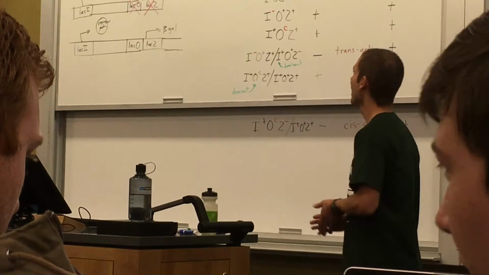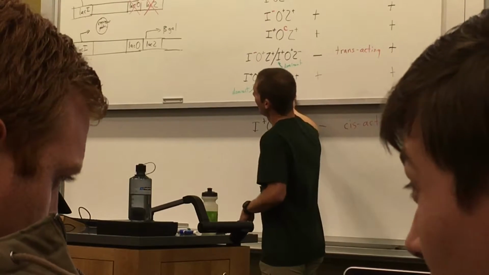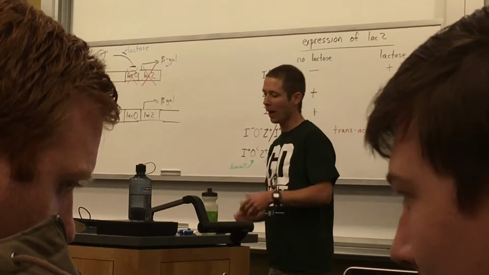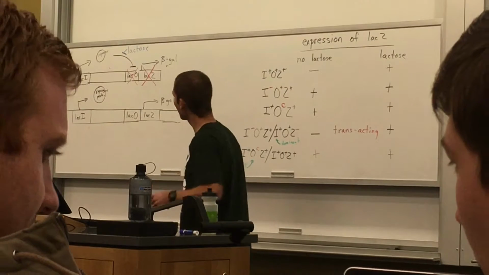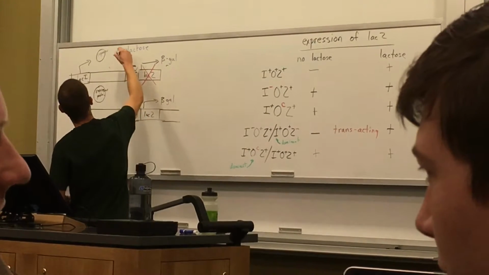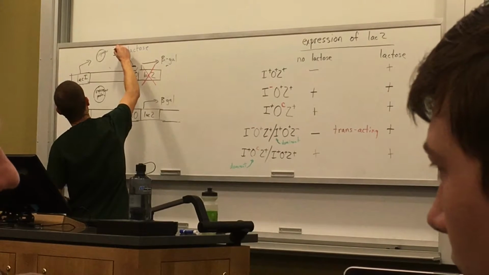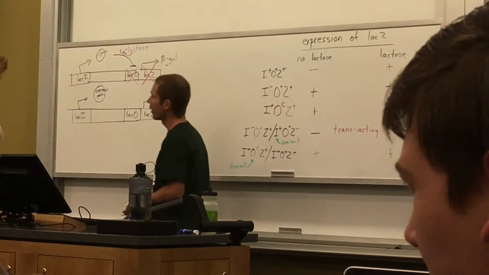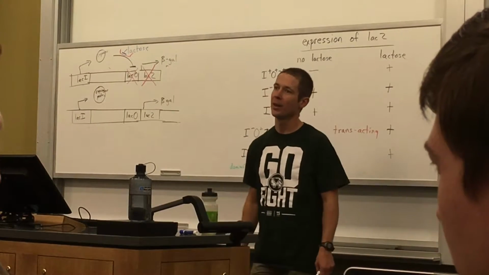Okay, let's do another mutation now. We're going to mutate LAC-I again, but in a different way. What we're going to do is mutate LAC-I so that essentially lactose can no longer interact with the protein.